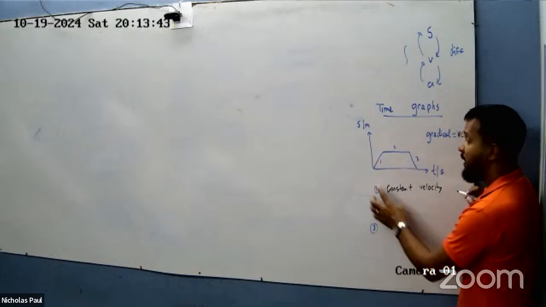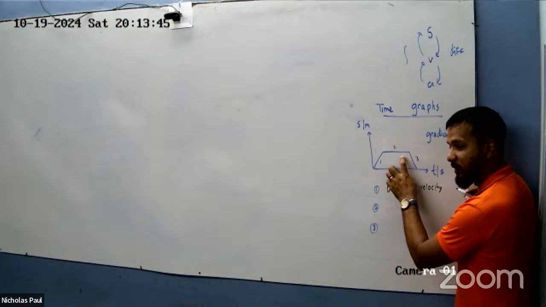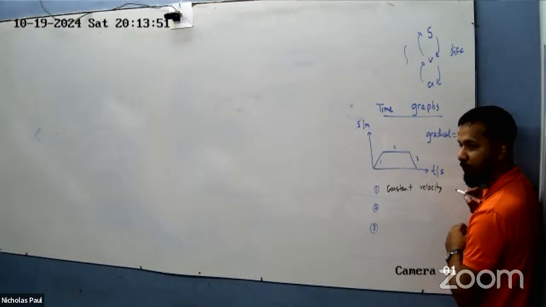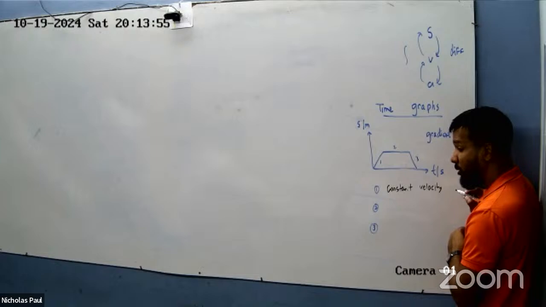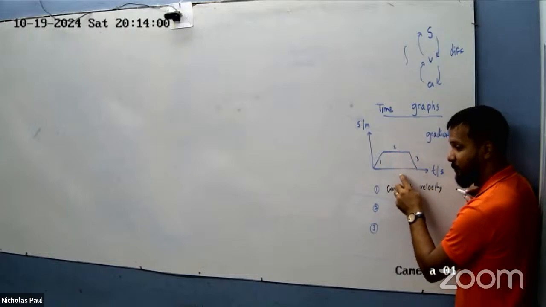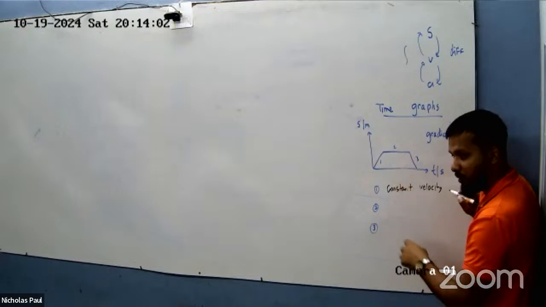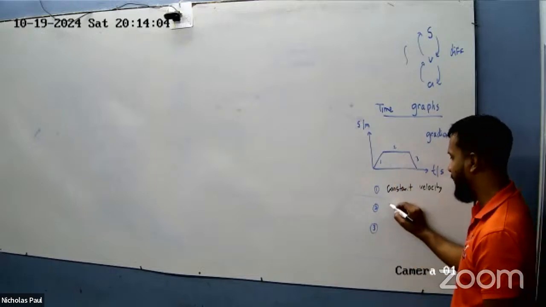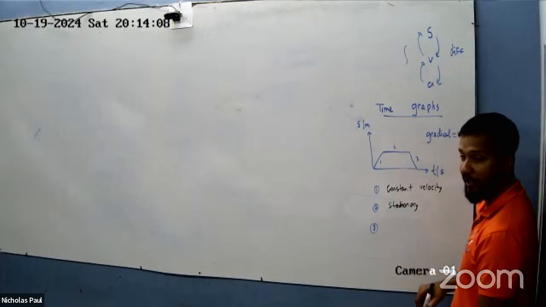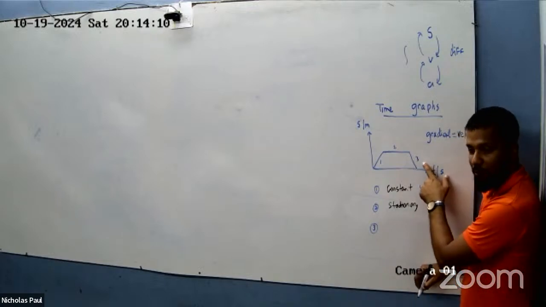If you have a horizontal straight line like this, what does it mean? The distance stays the same while time changes. You're not moving, it's stationary. And what does three represent?